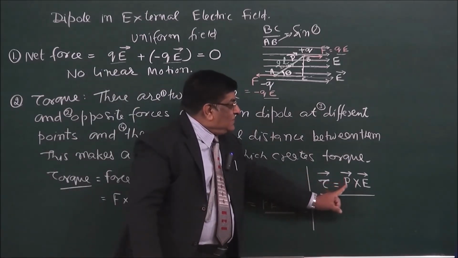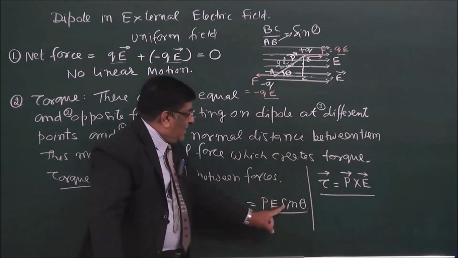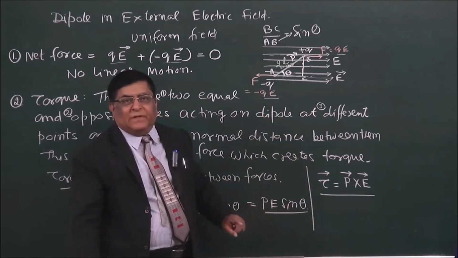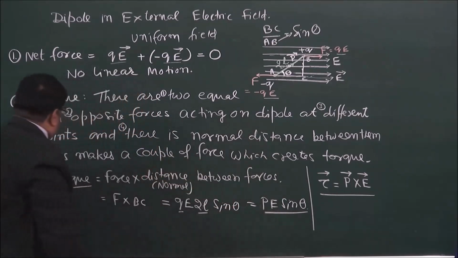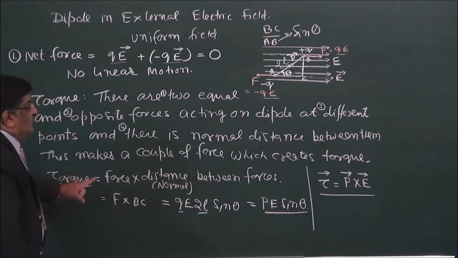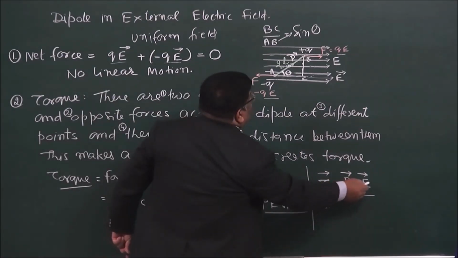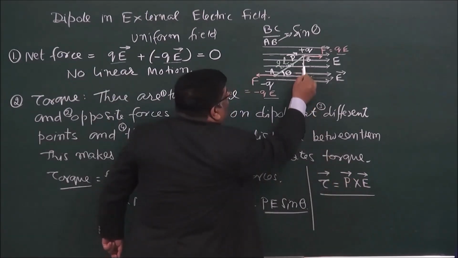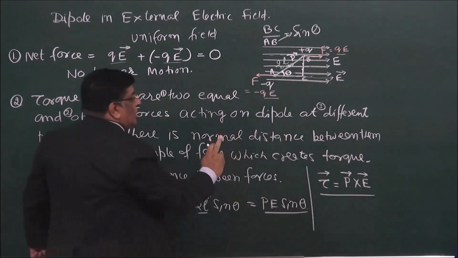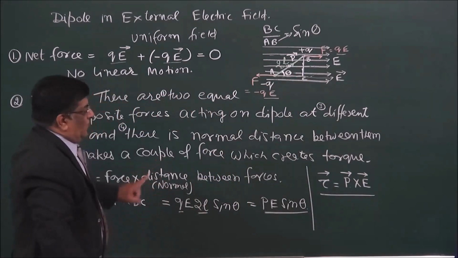The magnitude is PE sine theta. See here, it is PE sine theta. So torque is a vector quantity which is produced by multiplication of two vector quantities, and this multiplication is having a normal. So this is the formula for torque.